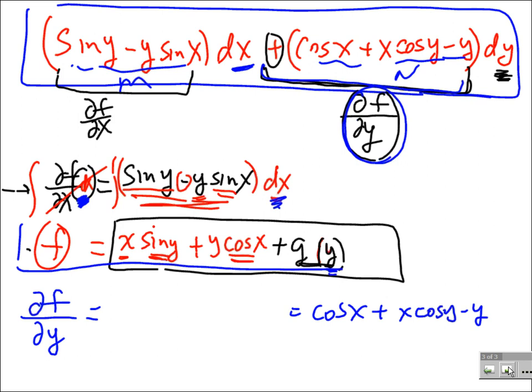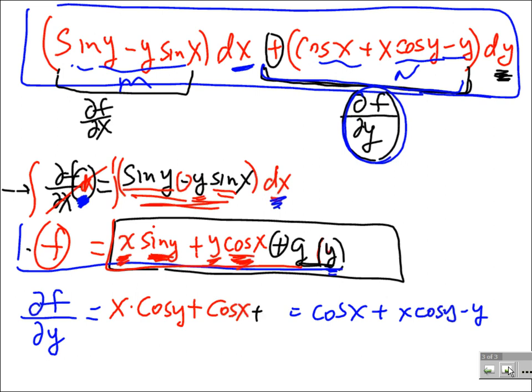Okay, now what is the partial of f with respect to y using this rule up here? Well, x is the constant this time, times the derivative of sine of y, which is cosine of y, plus, now cosine x is the constant, times the derivative of y, which is 1. Multiplying by 1 you don't have to bother with.